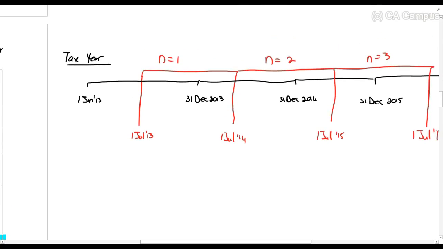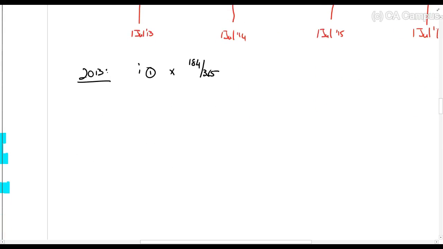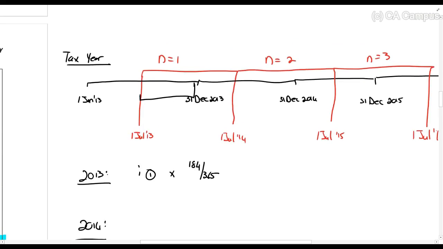So what's going to happen in 2013, guys, the interest we're going to calculate, we're going to say from the 1st of July to the 31st of December, 184 over 365. So I1. What are we going to see in 2014? This is our 2014 tax year. It runs from the 1st of January 2014 to 31st of December 2014.